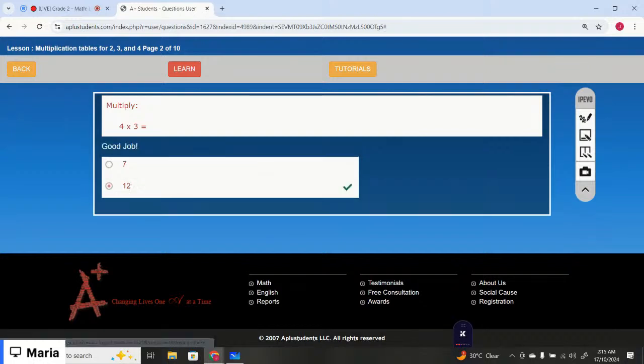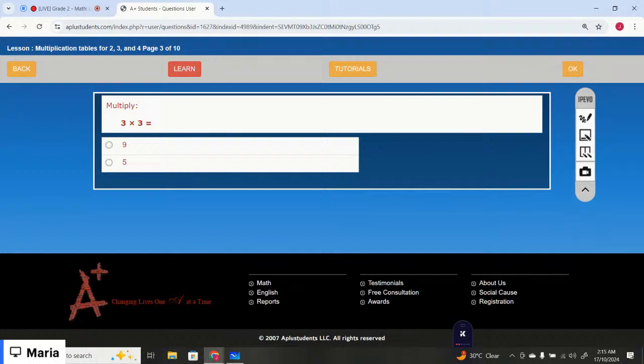Option number 2 is the correct option. The next one is multiply 3 times 3.